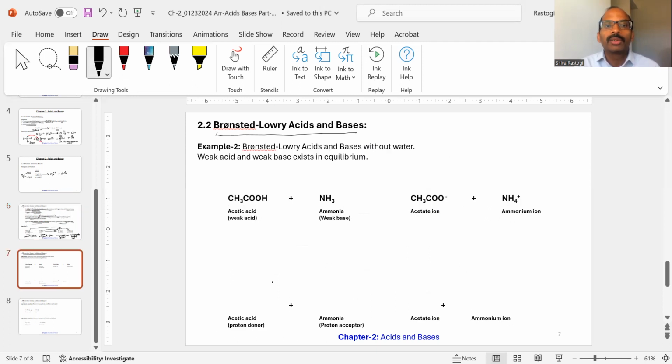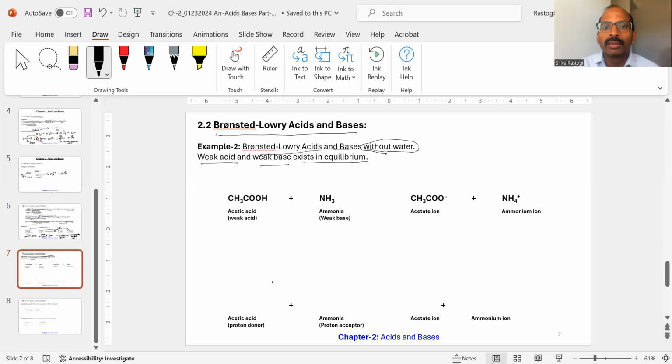So let's talk next about Bronsted-Lowry acids and bases without water, how they work without water. When we talk about without water, usually we take an example of a weak acid and weak base, where they exist in equilibrium.